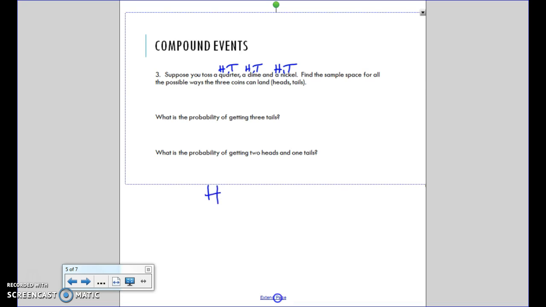Either I could get a heads or I could get a tails. That's on the first coin flip. And again, it doesn't matter which coin I flip first because each of them have either a heads or a tails. The second coin I flip also could be a heads or a tails. It doesn't matter which coin is flipped second because every coin has both a heads and a tails side.